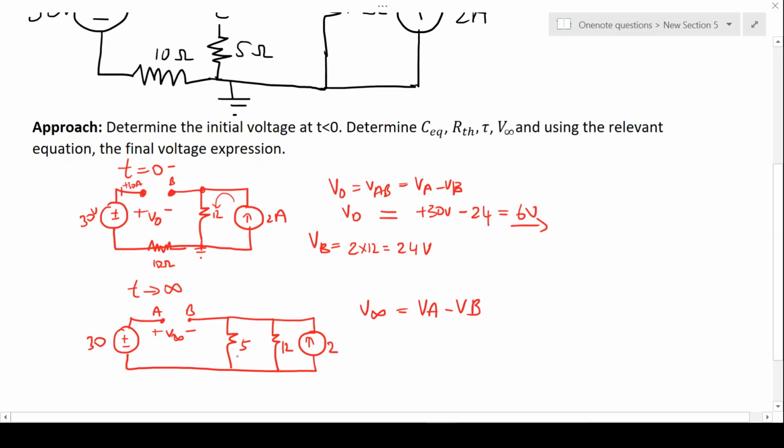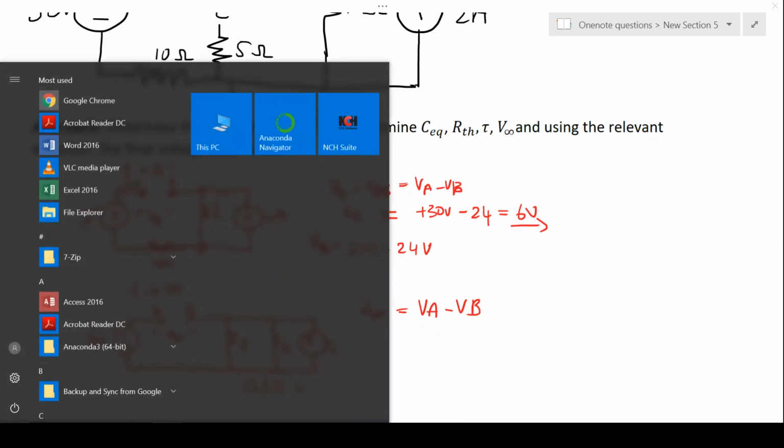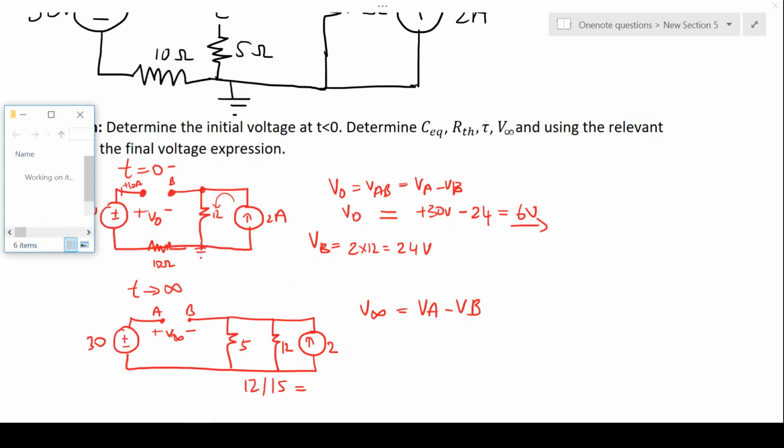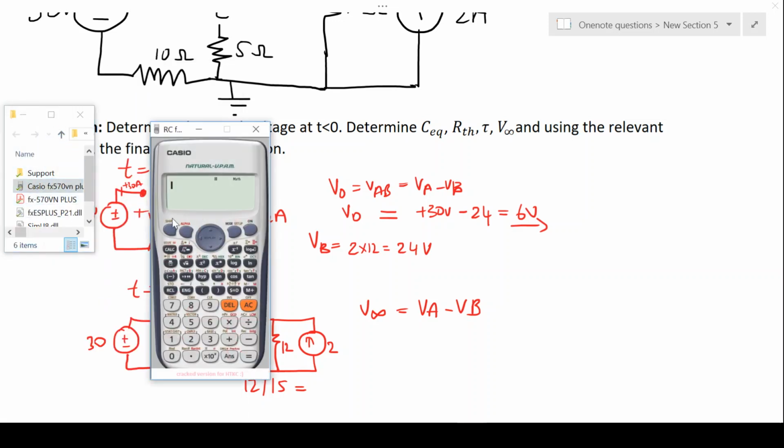For us to determine VB this time, we're going to say first 12 ohms in parallel with 5 ohms. Let's see what that gives us. So 12 in parallel with 5 will give us an answer of 3,53 ohms.